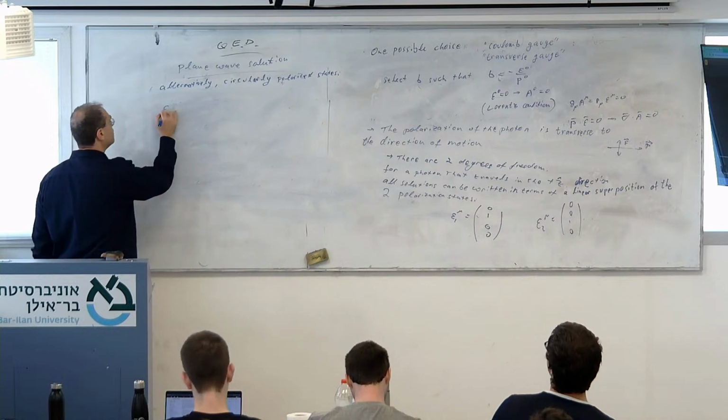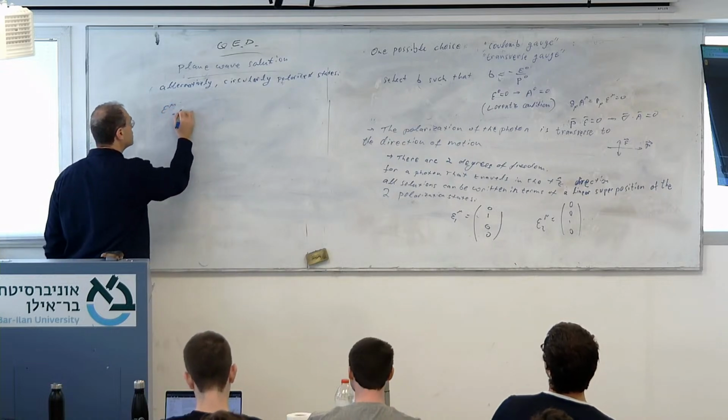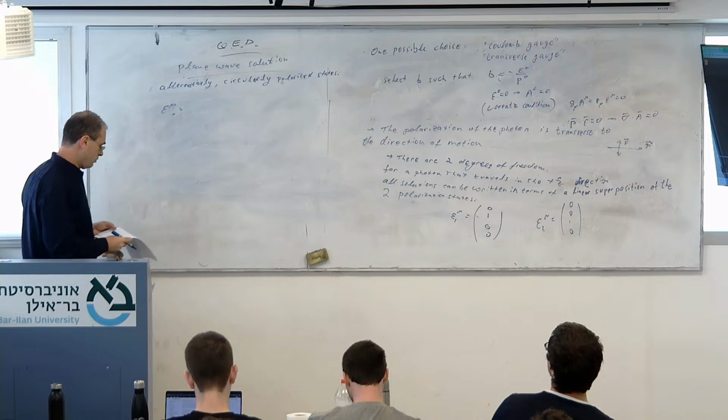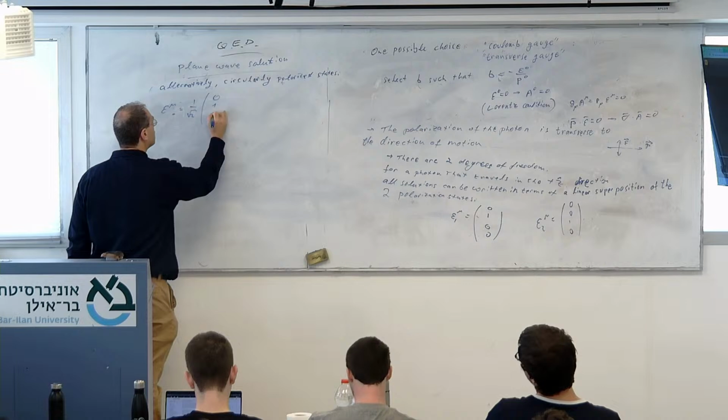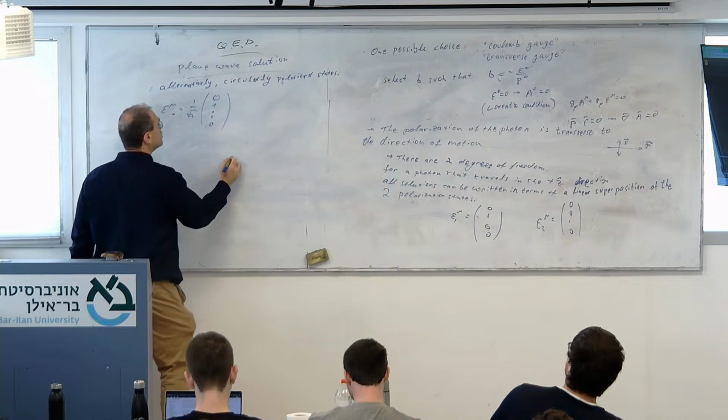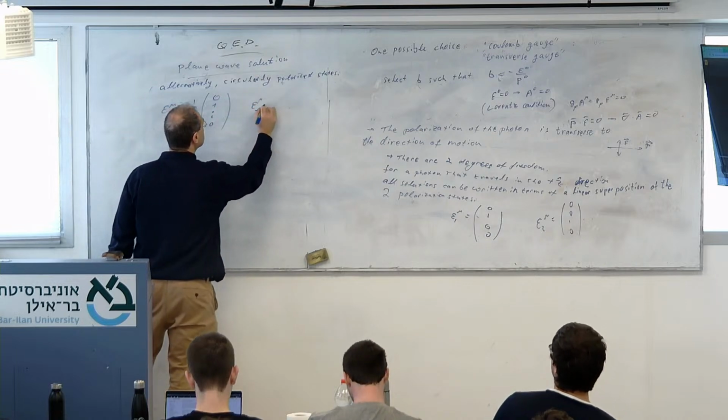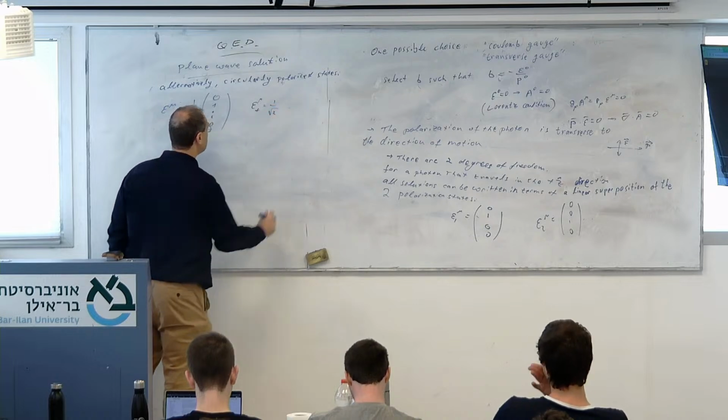We call them epsilon mu minus, equal to, with normalization 1 over square root of 2, (0, 1, i, 0). Epsilon mu plus would be 1 over square root of 2.